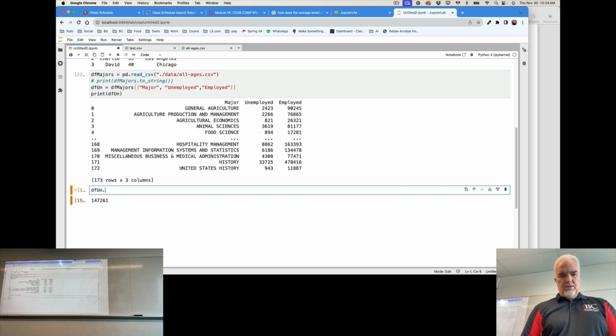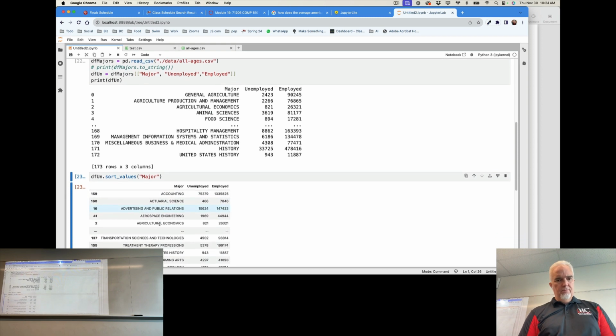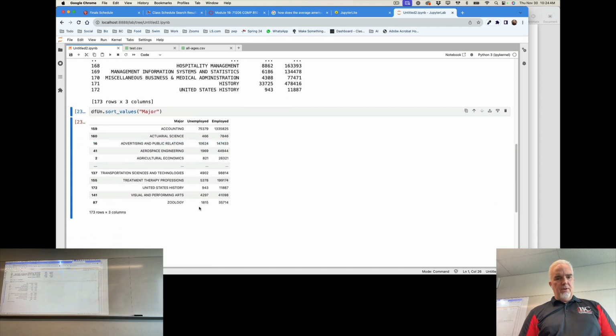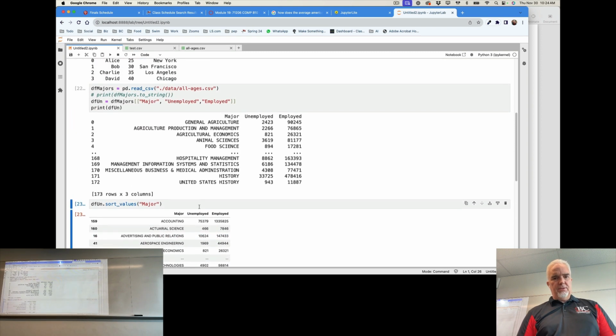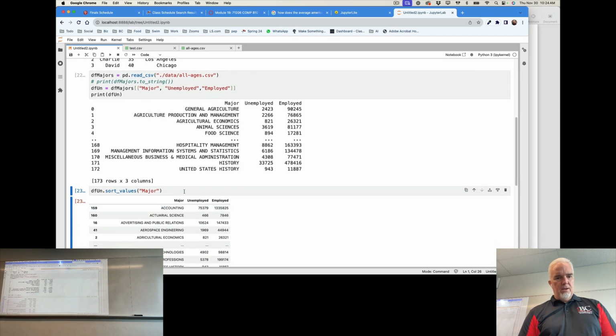DF sort values. Okay, so according to this, which is interesting because that's not what we had.